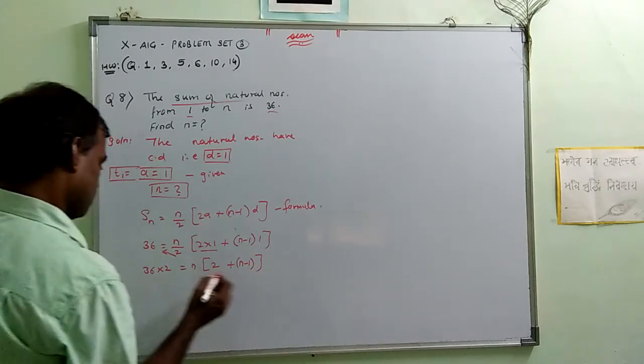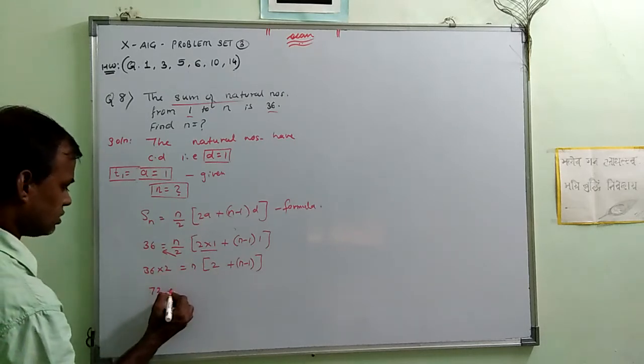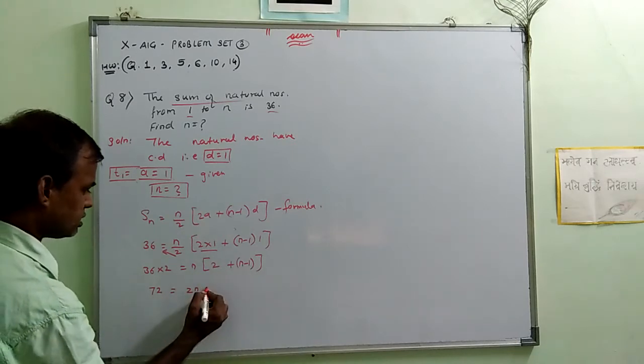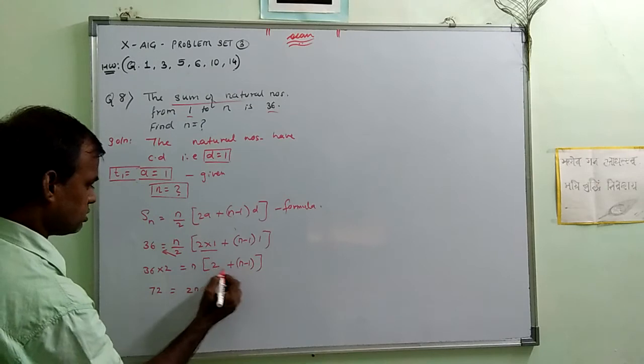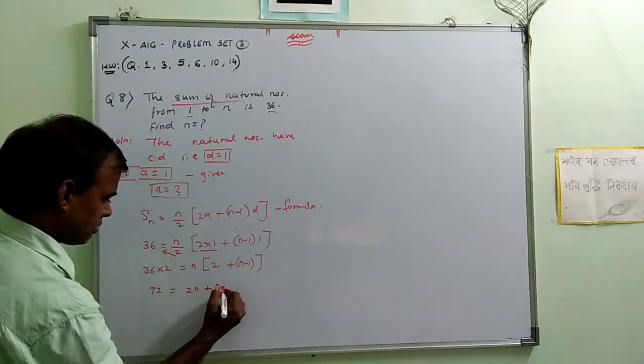So 36 into 2, that becomes 72, equals n into 2, 2n, plus n into n minus 1.